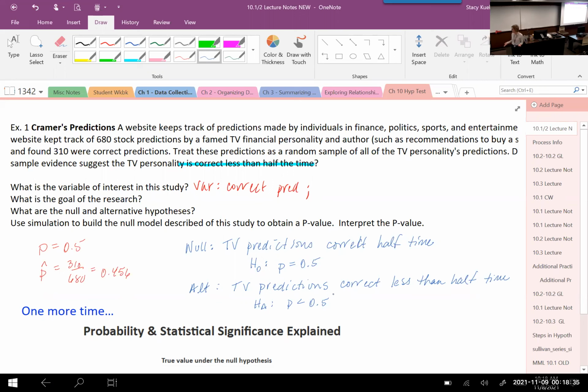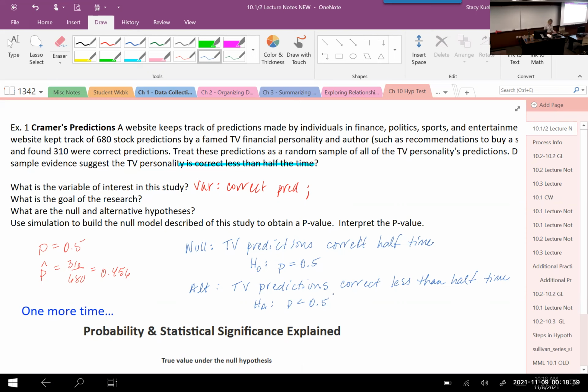So P would have to be equal to 0.5. And the alternative is really a restatement. I didn't have to change very much except the less than half the time portion, okay? In a written statement, I'm really restating it in essence with the different mathematical interpretations, I should say.